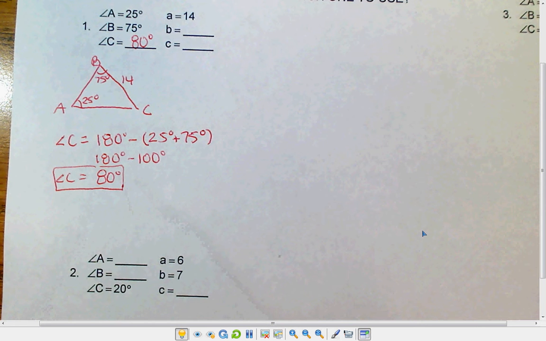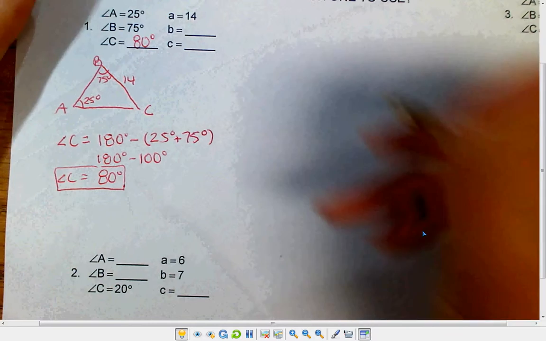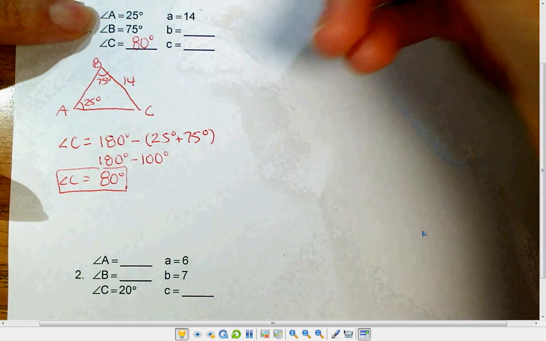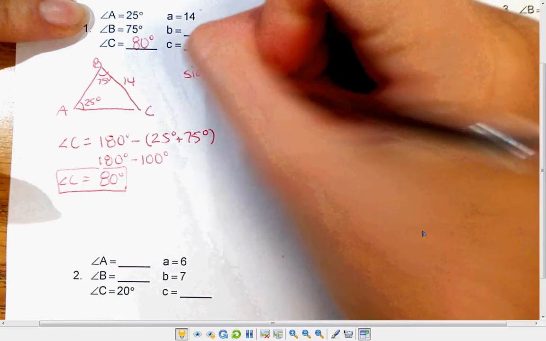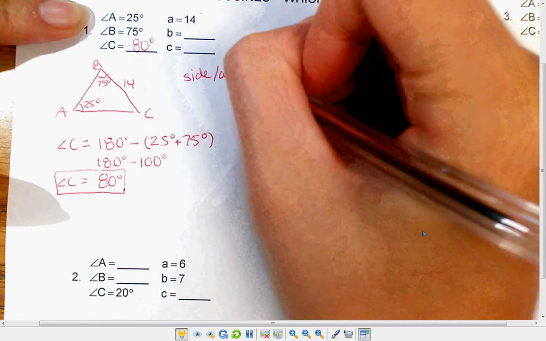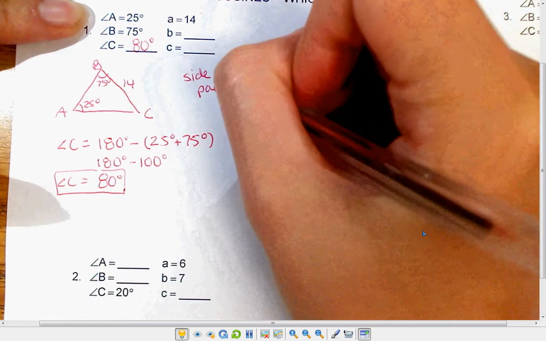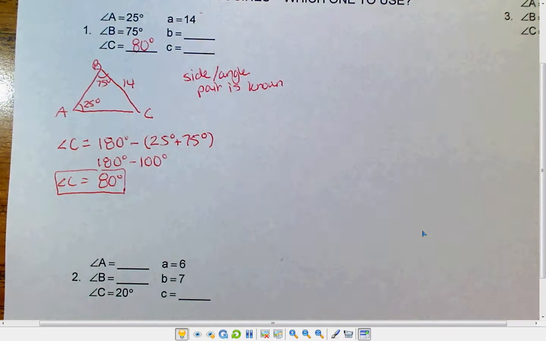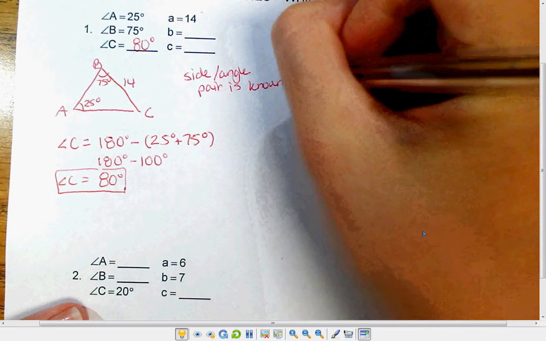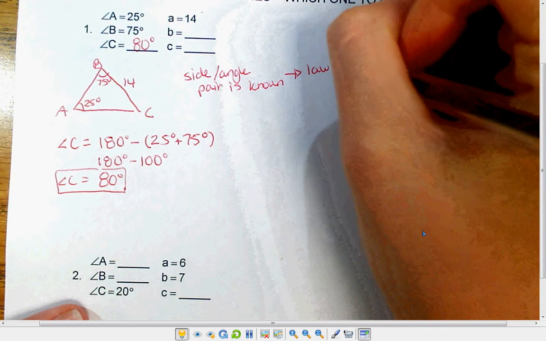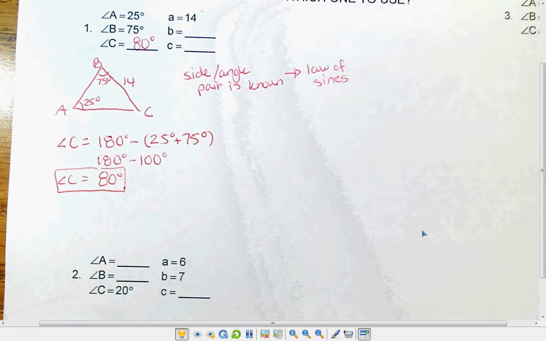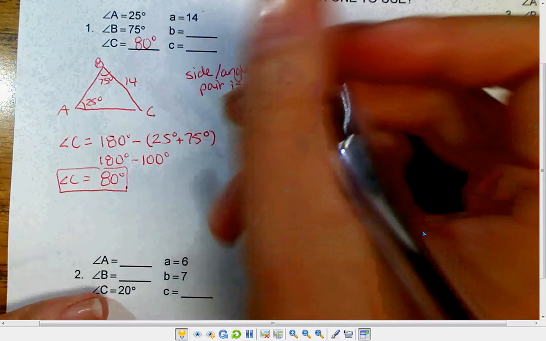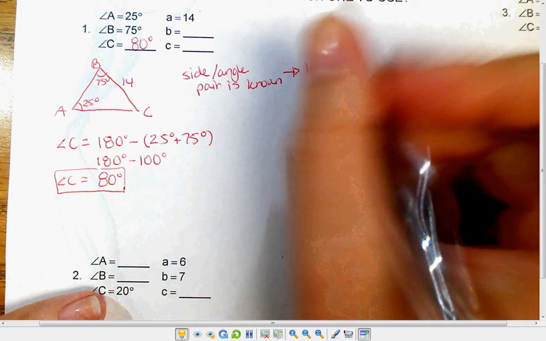Okay, now what you should notice about this problem is that we have a pair. We have angle A and side A. So whenever you have a side angle pair, that's when we should use the law of sines. So we're going to start off with the pair that we know.